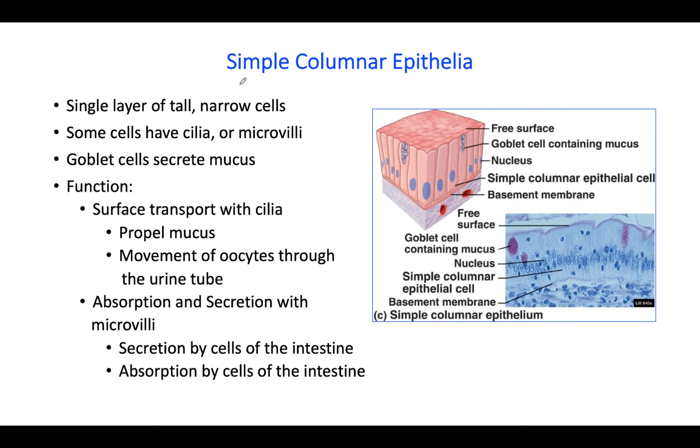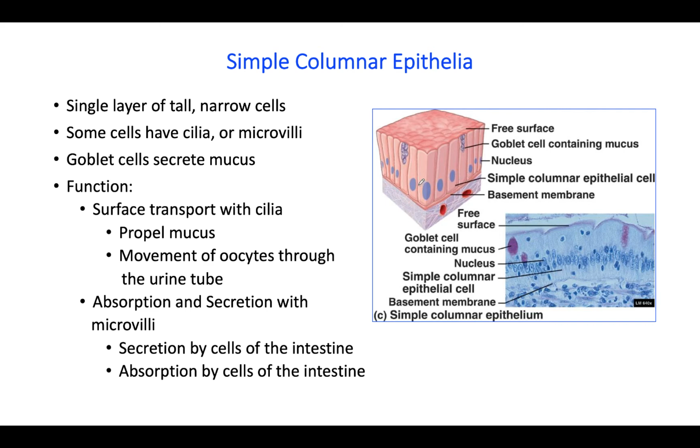Another type is simple columnar epithelia. Still a single layer of tall, narrow cells. So tall, narrow cells look like columns. And if we look at the nucleus, it is elongated and clustered at the basal end.